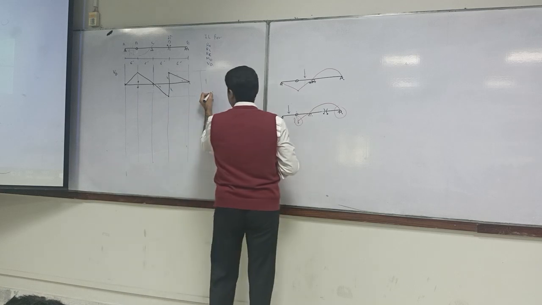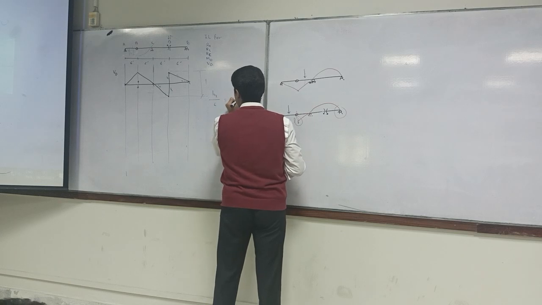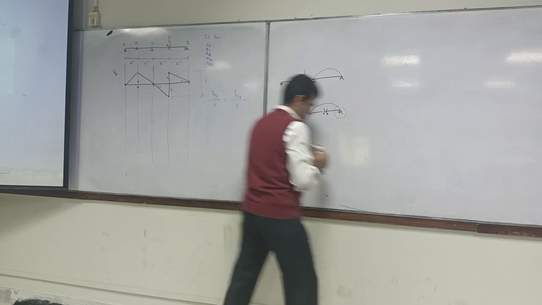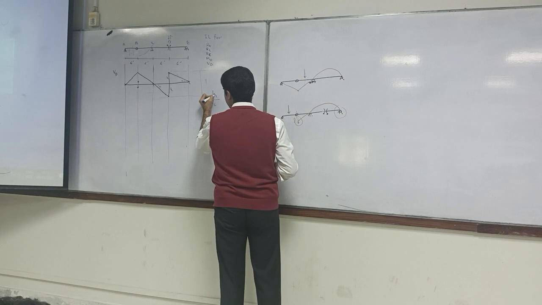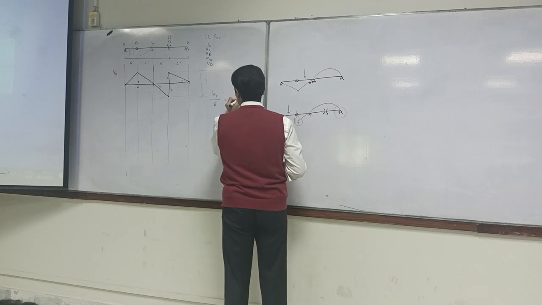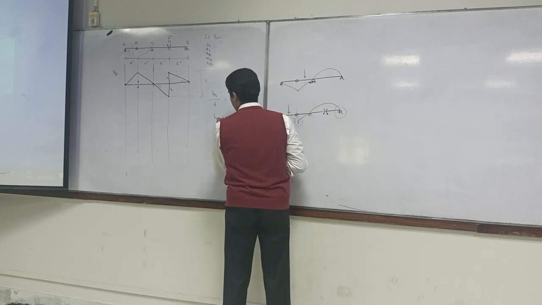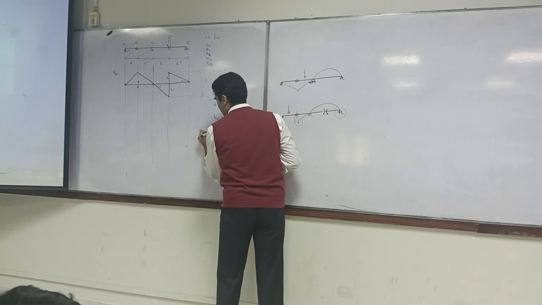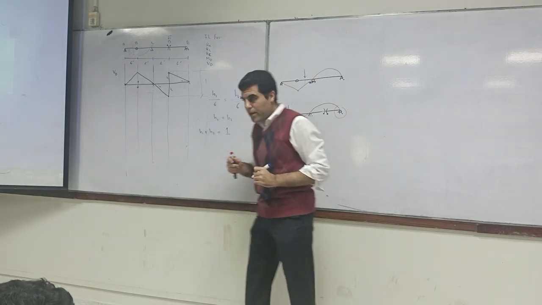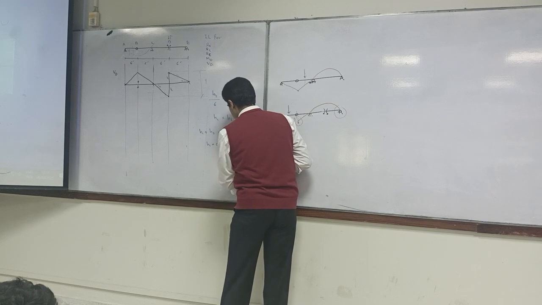So H1 divided by 6 is equal to H2 divided by 6, which tells me that H1 is equal to H2. Another equation is H1 plus H2 is equal to 1. So we will have H1 is equal to 0.5 and H2 is equal to 0.5.